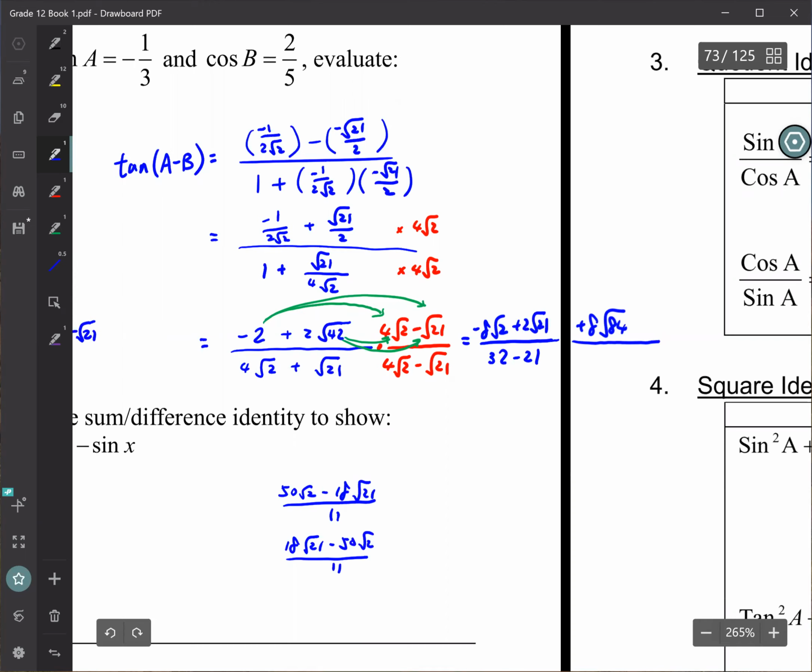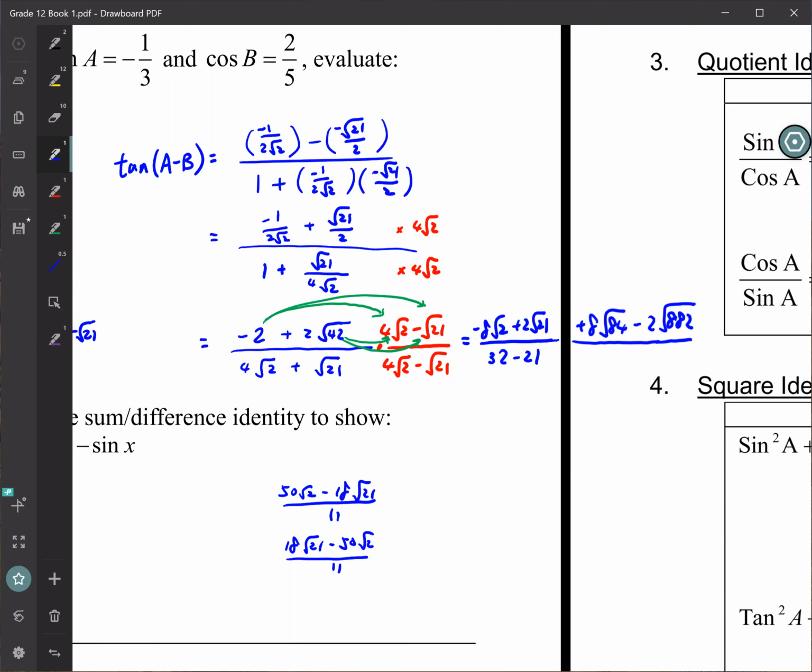And then minus 2 root, wow, that's a big number. 21 times 42, 882. Okay?